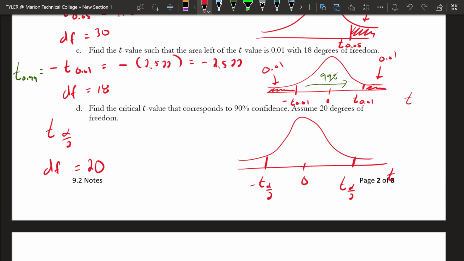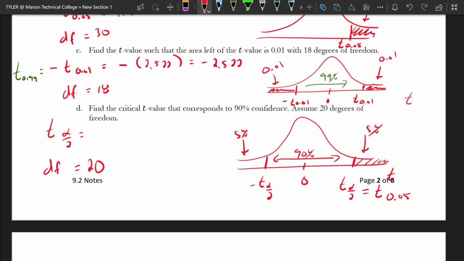And I want 90% confidence, so I'm going to have 90% area in between those two. So that leaves 5% here and 5% here, right? So in other words, t alpha divided by 2 is the same thing as t sub 0.05, right? Because this area to the right would be 5%.